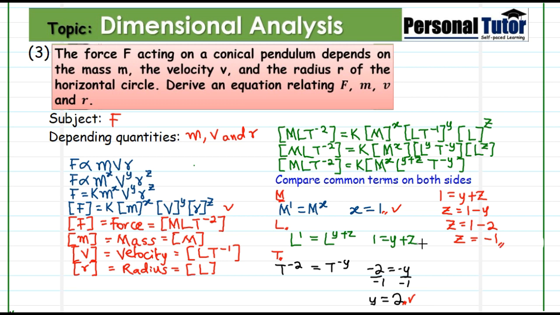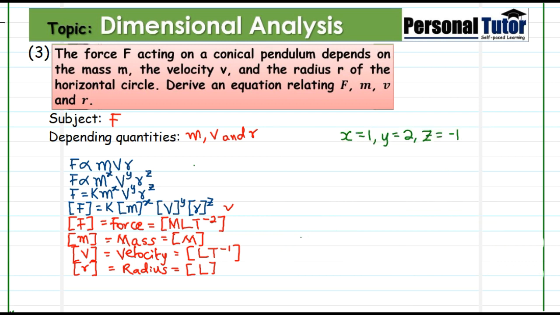So friends, we now have the values of s to be equal to positive 1, y to be equal to positive 2, then the z to be equal to negative 1. With this, easily we can substitute and find the main equation. So I have created some space by deleting some few ones here.